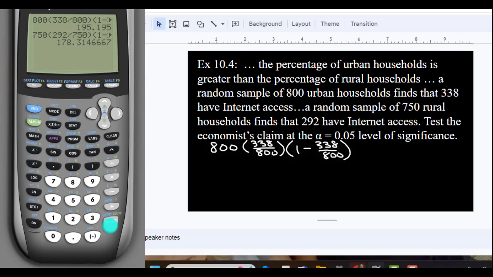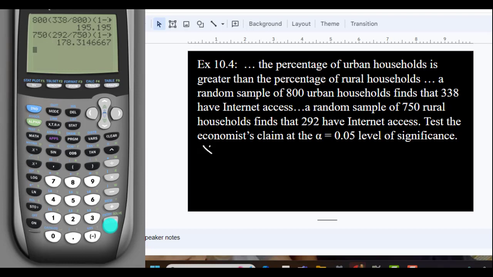So we're good. We know that our samples are large enough. We also know that they should be less than 5% of the population because there's a lot more than 800 households in urban areas in the United States, and that can't be 5%. The 750 can't be 5% of all the rural households in the United States, so we're good there as well.